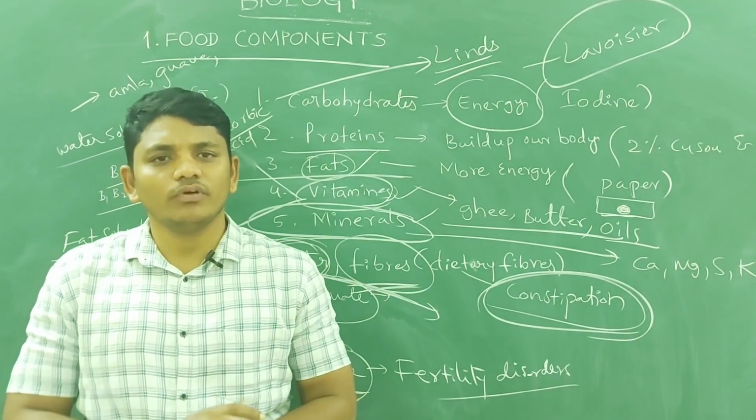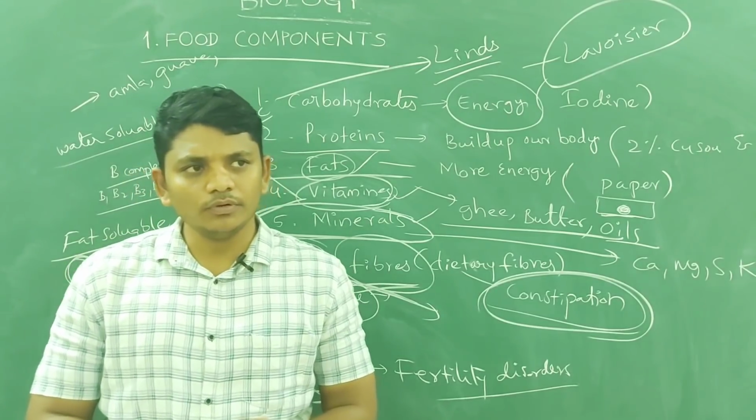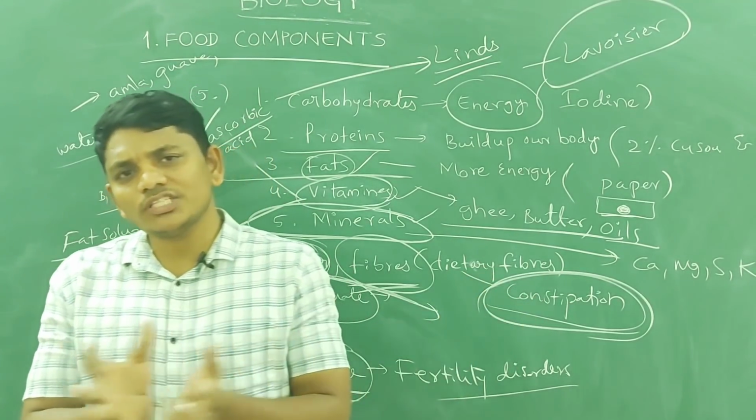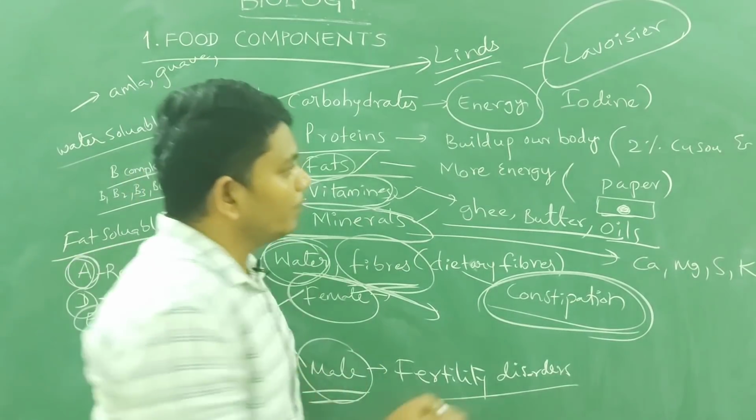For example, an adequate quantity of food material is called a balanced diet.